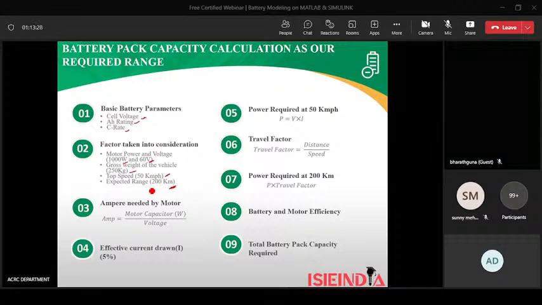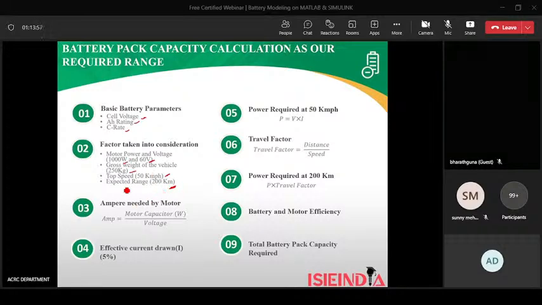So this is my requirement, I have to design a vehicle in which I am using a motor of power 1000 watt, with a motor voltage of 60 volt.